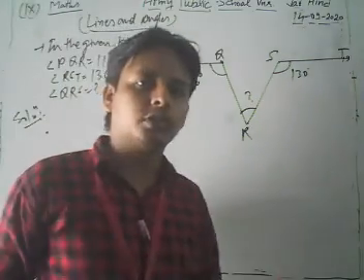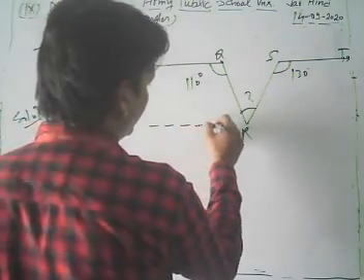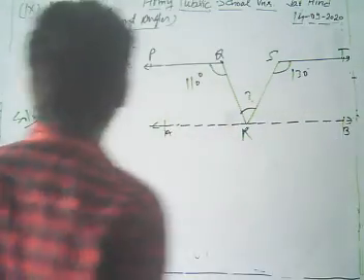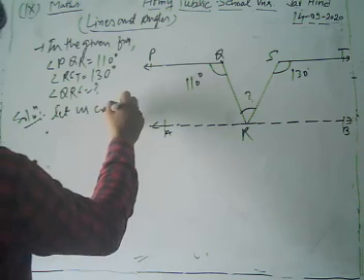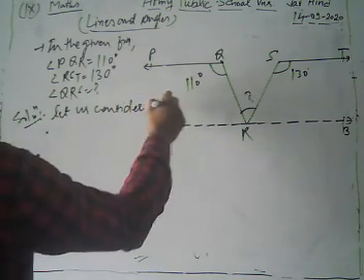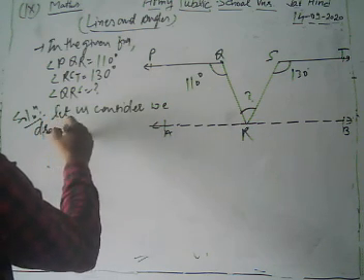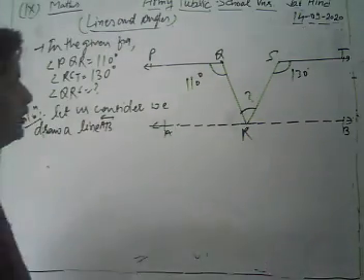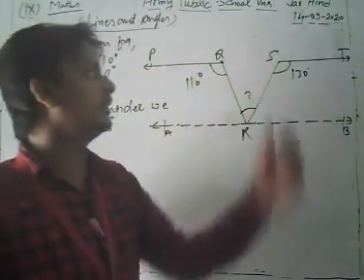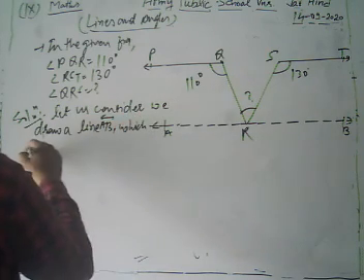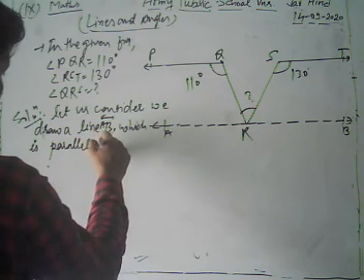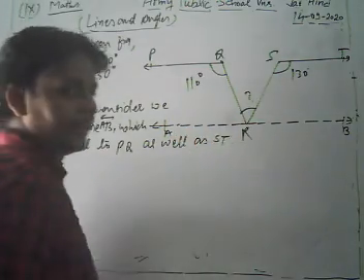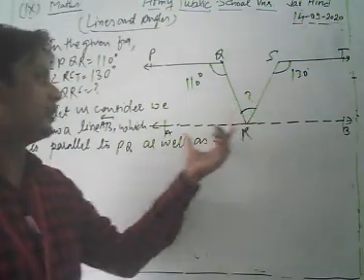Dear student, in this type of question, first of all we draw a line through R. Suppose we draw a line AB which is parallel to both the lines PQ and ST. In this question, we have to do some construction.